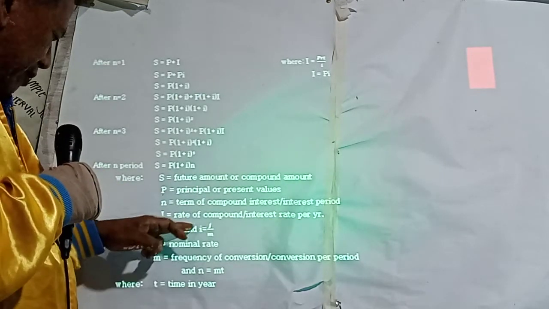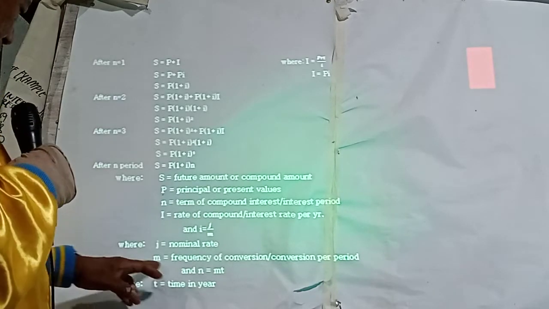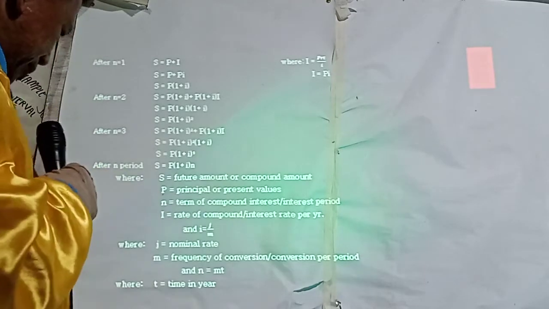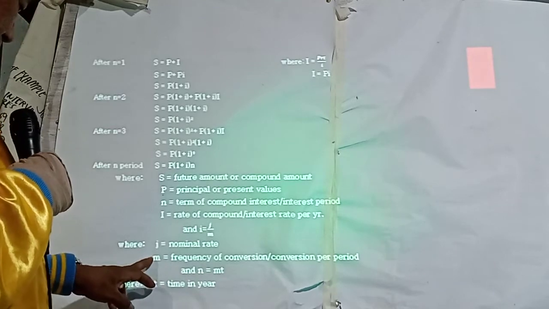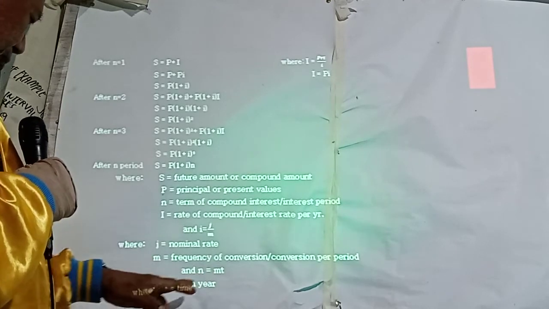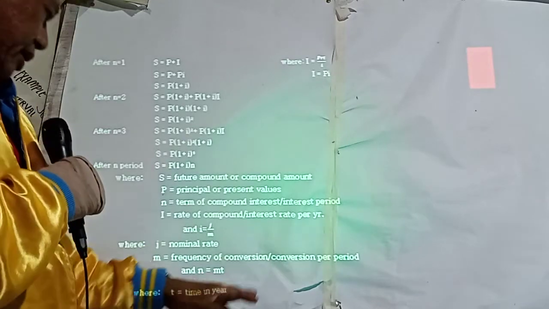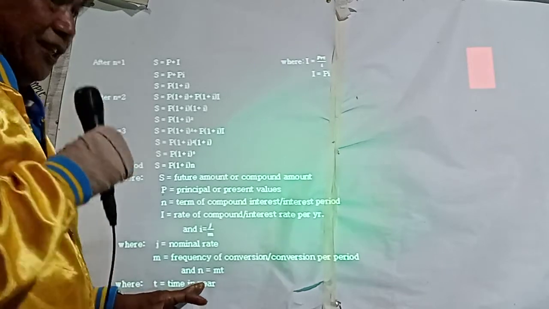Wherein I is equal to rate divided by M. And what is M? Frequency of conversion per period. And what is N? N is equal to M times the time. Wherein M is frequency of conversion per period, where T is the time in year.